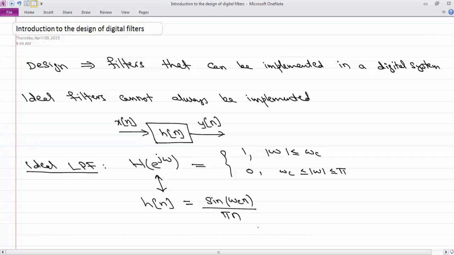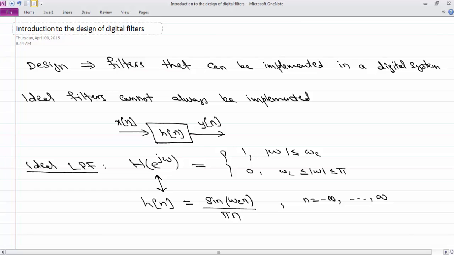So this is an ideal filter, but what is the trouble with this filter? That n in this expression goes from minus infinity to infinity. So how do you really implement it inside a digital system? You can't ask MATLAB to do the convolution sum from n equal to minus infinity to infinity, or 0 to infinity for that matter.